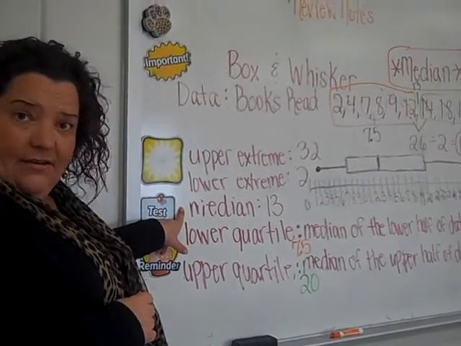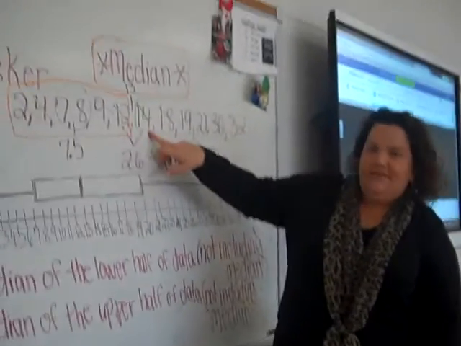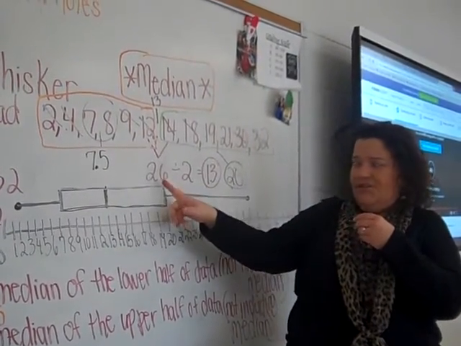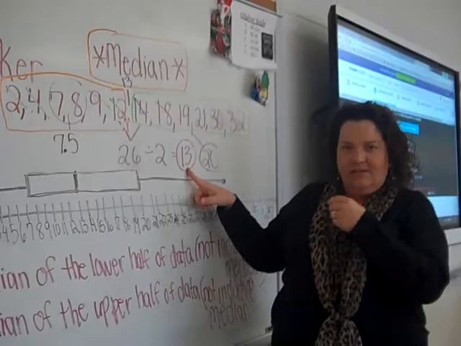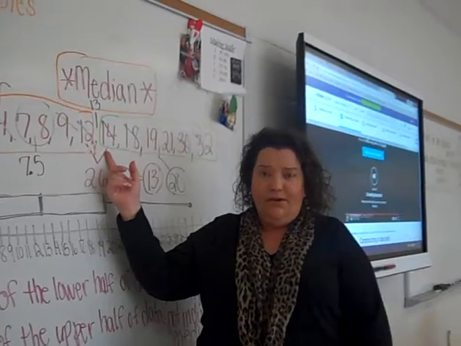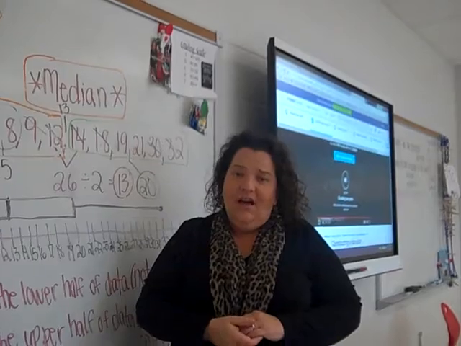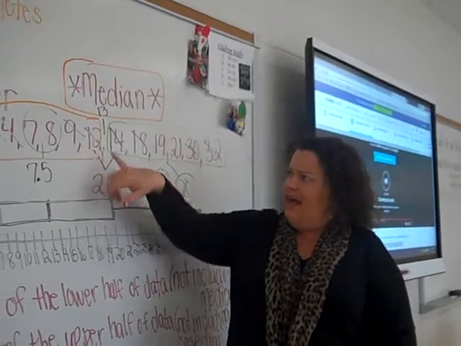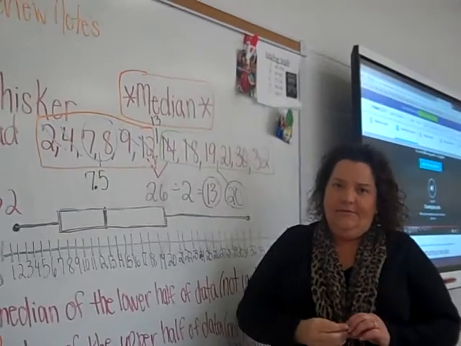Then we have the median. If we look at our data, we realized that there were 2 medians, a 12 and a 14. So we added them together to get 26 and divided by 2, which is 13. But students, if you can visualize what number is smack dab in the middle of these two numbers, then you can just record that. A student in my previous block said, well, Miss Pilkington, I don't need to do all this work, because I know what number is between 12 and 14, and that's 13.